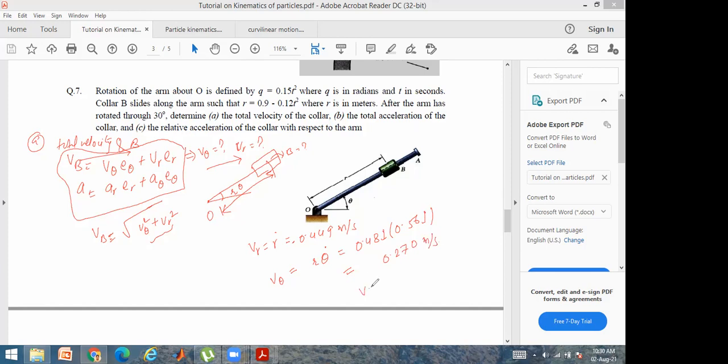Therefore, V equals to, find your 0.524 meter per second. This is the velocity of the polar beam.